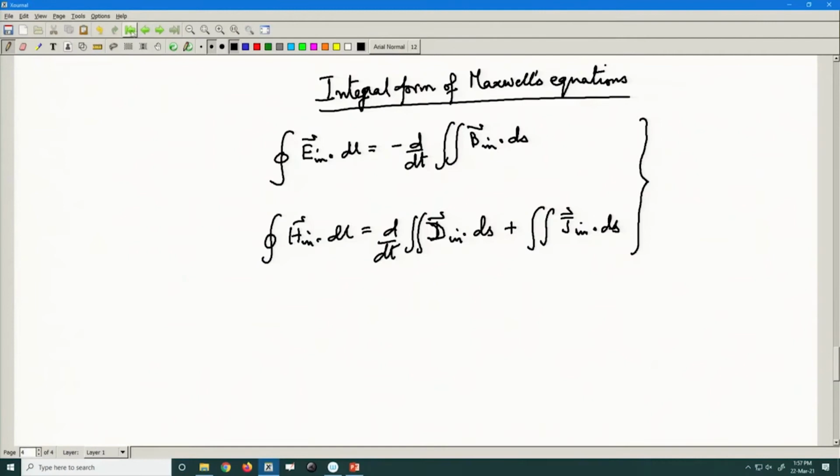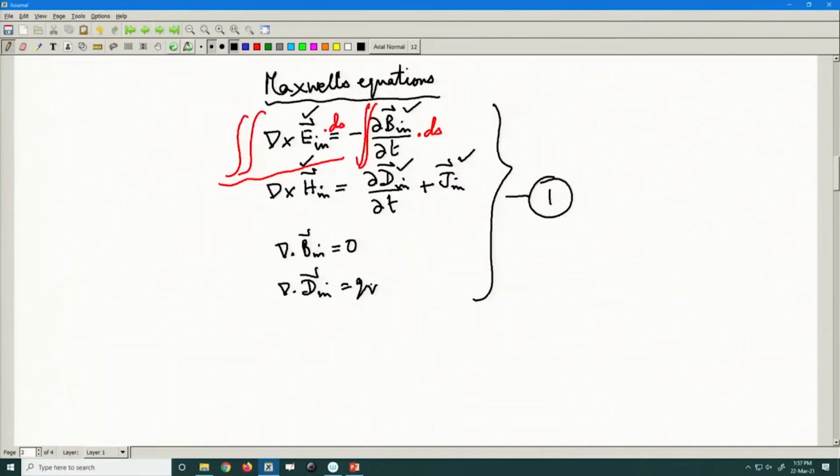So, what we essentially do is exactly the same thing. So, we do the double integral of this side dot ds, double integral this dot ds, and double integral this dot ds. So, we come to the integral form of the first two equations.